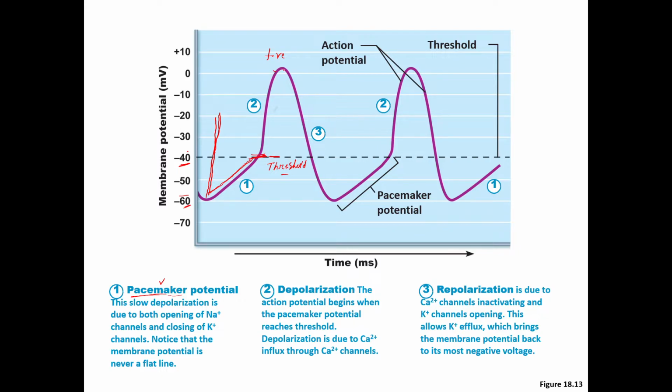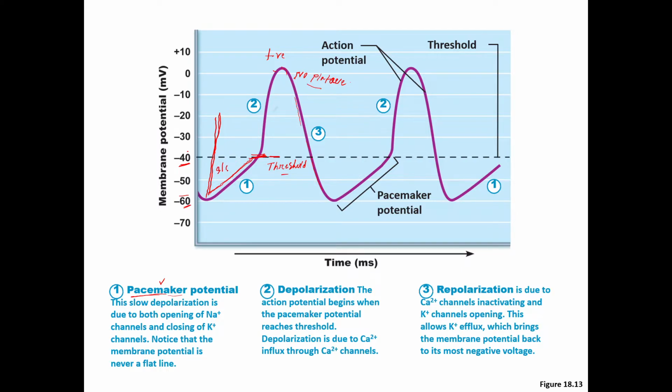And then you see there is no plateau, and repolarization occurs due to the opening of potassium channels and efflux of potassium. So no plateau here in case of pacemaker, but in case of heart muscle you have seen a plateau.